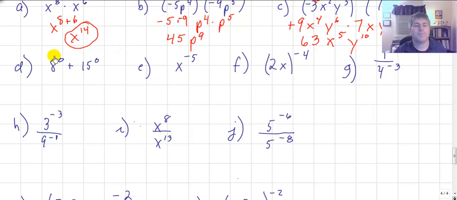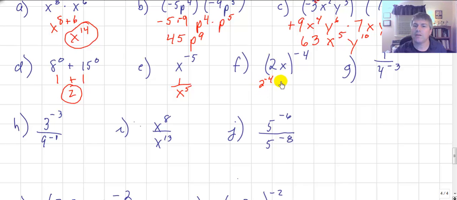In sample problem D, a to the 0 plus 15 to the 0. Well, if we know anything to the 0 power is 1, that is 1 plus 1, which is 2. X to the negative 5th, I have a negative exponent. I don't want a negative exponent, I want a positive one, so that just becomes 1 over x to the 5th. 2x to the negative 4th, I have to impose the negative 4 on both of those.